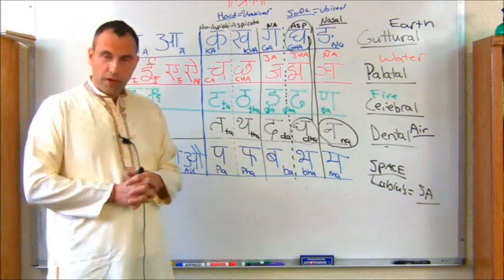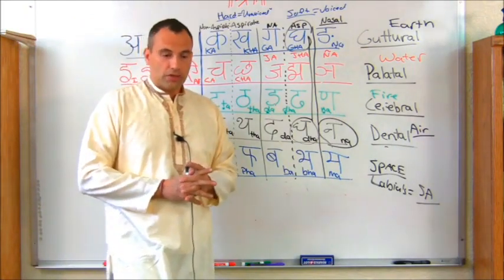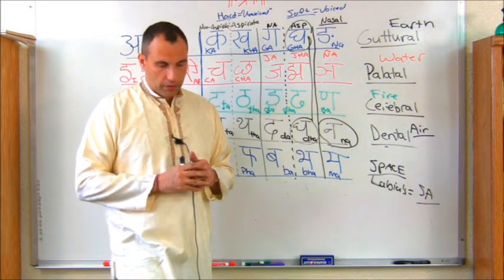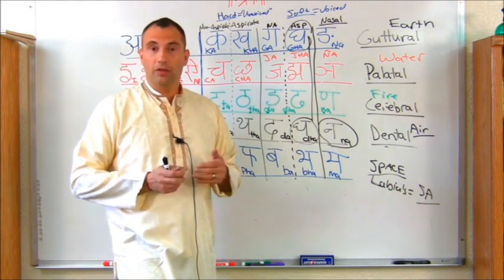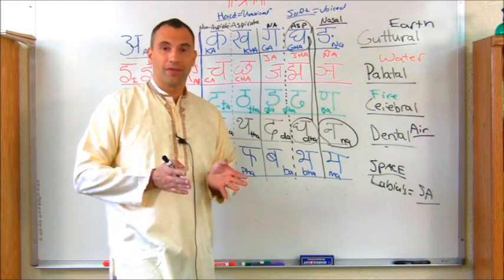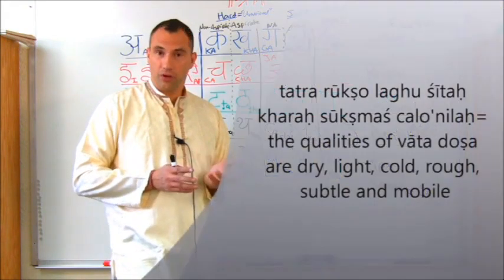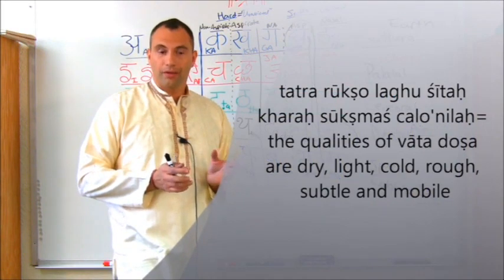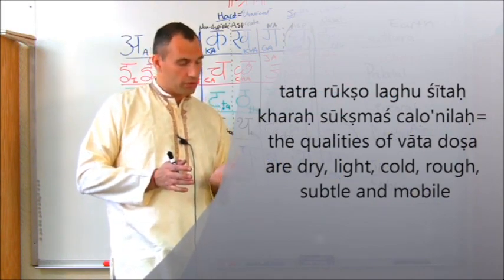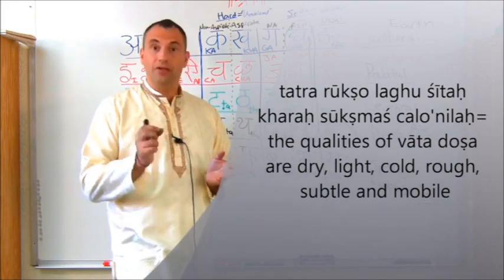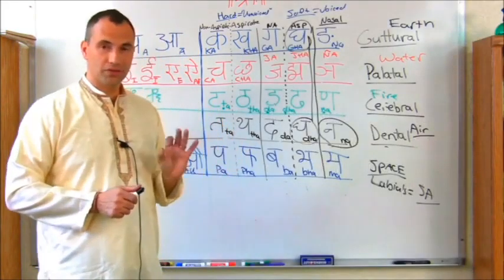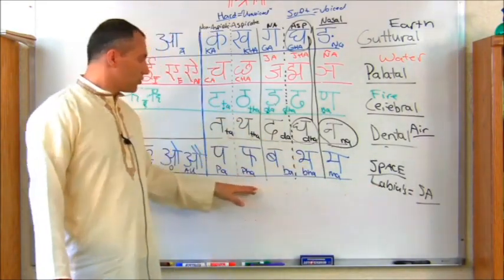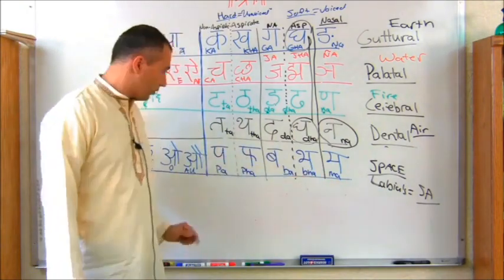If you're not sure what Vata relates to, it is the principle of: tatra ruksho laghushita karasukshmas chalo nilaha, means the qualities of Vata are dry, light, rough, mobile, cold, and subtle. Okay, dry, light, cold, rough, and subtle. So those qualities relate to this row. This is the Vata row.